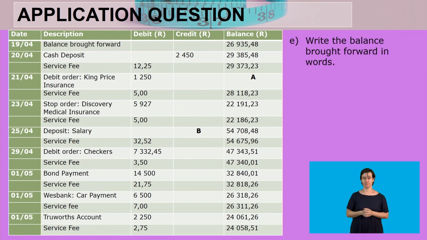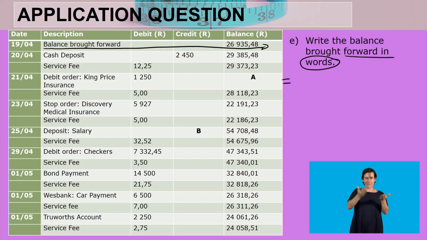Now we move on to number E: write the balance brought forward in words. Now and then you'll be asked to write a value in words, so you should be able to write that in words. On the 19th, that's where we have our balance brought forward. This will be 26,935 rands 48 cents.